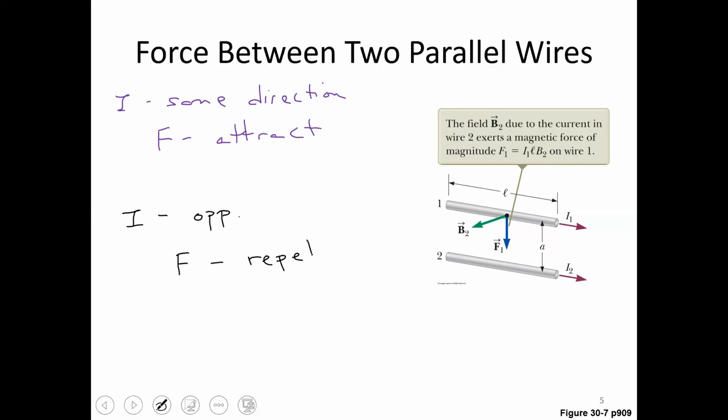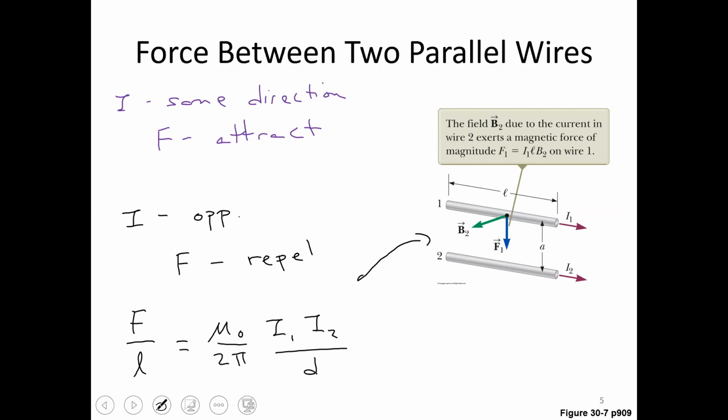And a lot of times, because we're talking about force and we've got currents and lengths, we can talk about, instead of just force, force per unit length, so how many newtons per meter. And if I do that for this problem over here on the right-hand side, you're going to have mu 0 over 2 pi, I1, I2, and this distance between them.